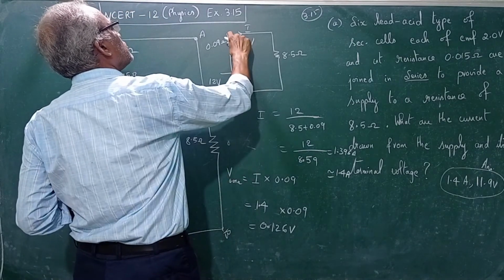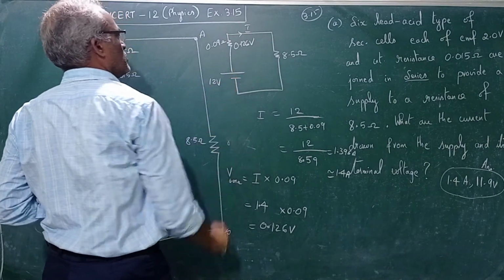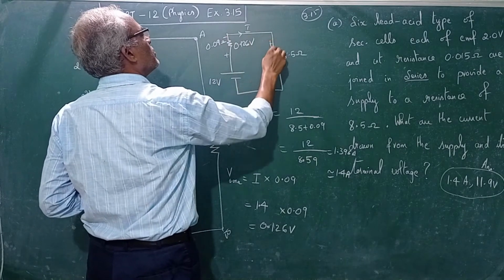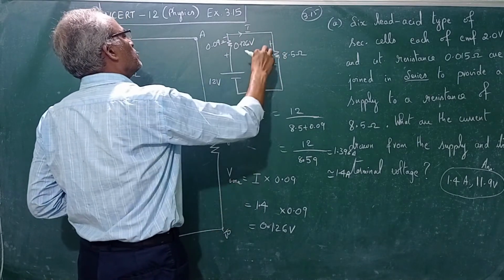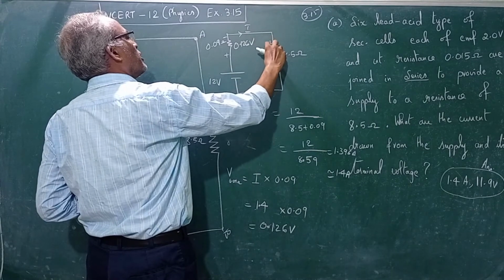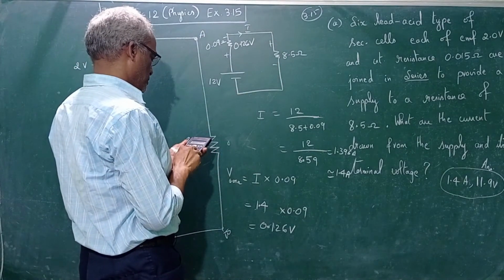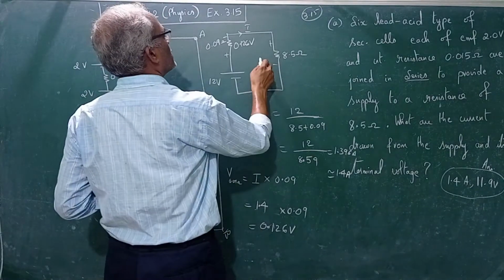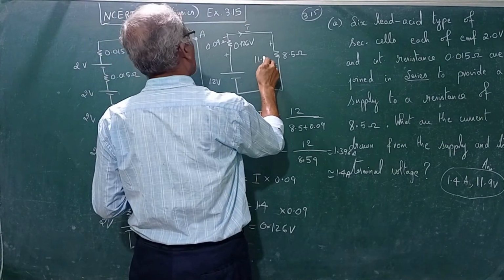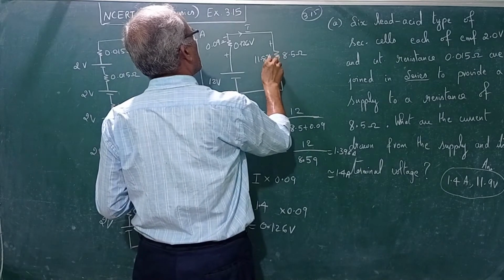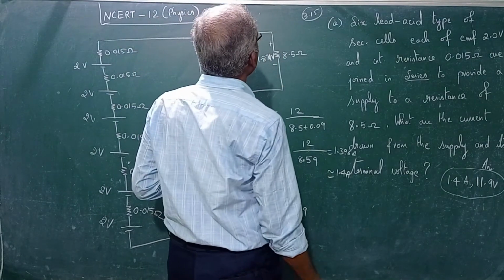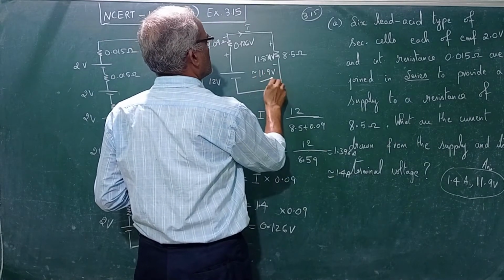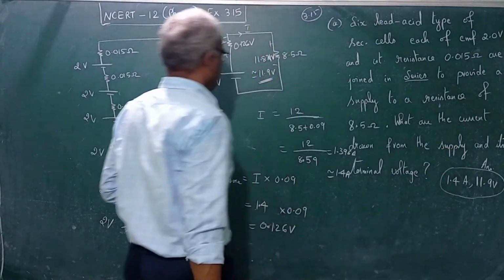So this voltage drop plus this voltage drop should be 12 volts. The current is flowing this way, so polarity here is plus minus. So 12 minus this drop will give you the voltage drop across 8.5. The voltage drop here is 11.874 volts, which can be approximately written as 11.9 volts, which is the answer given.